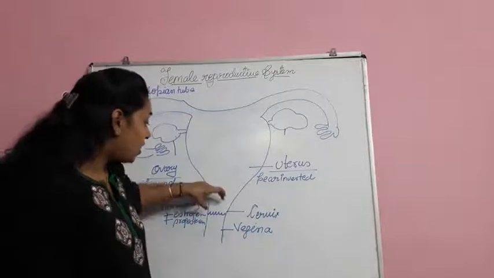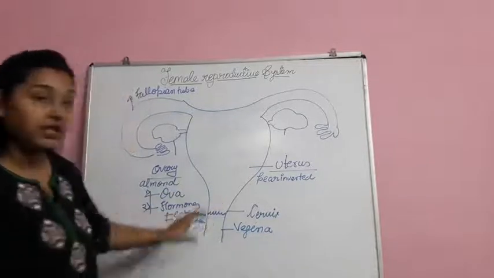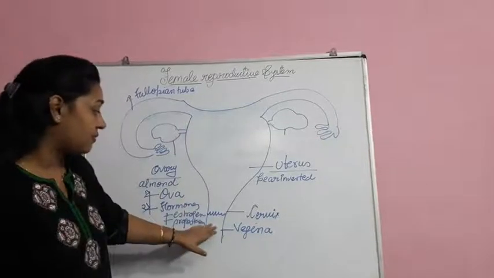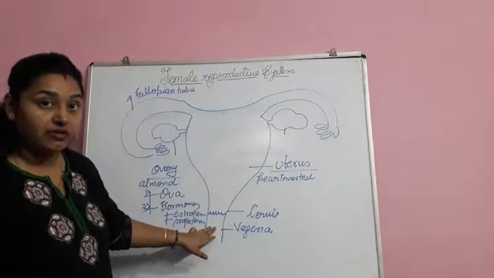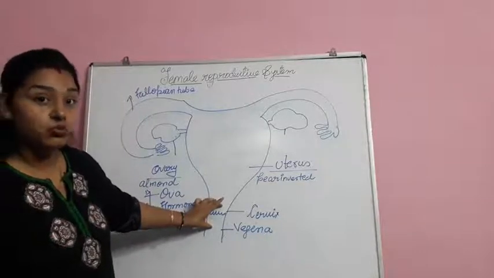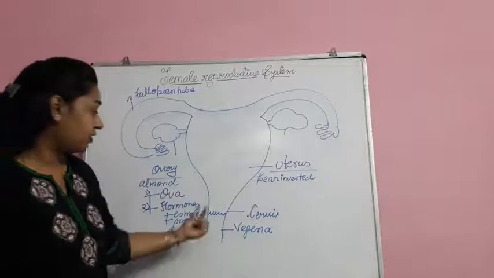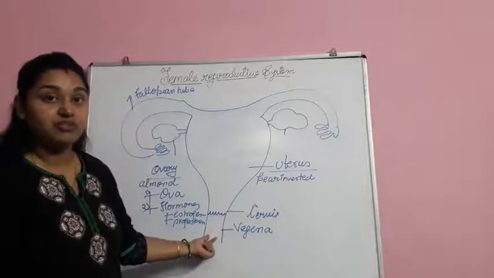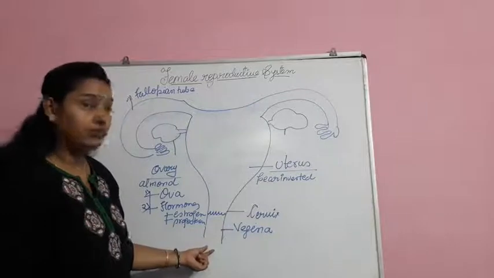The cervix is plugged with mucus so that when the embryo is developing inside, it doesn't come out through this canal. So for that purpose the cervix is meant to be always closed. Only at the time of parturition does it rupture and the baby, that fetus, comes out of the body.